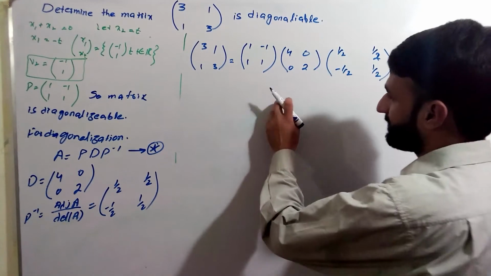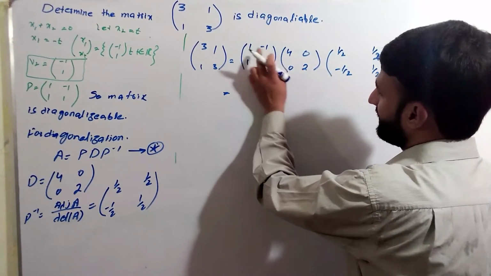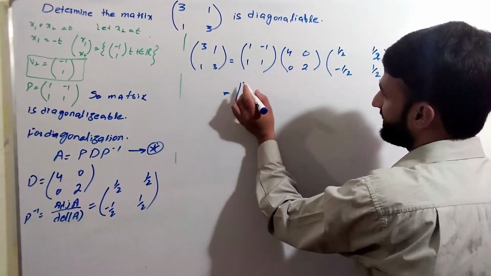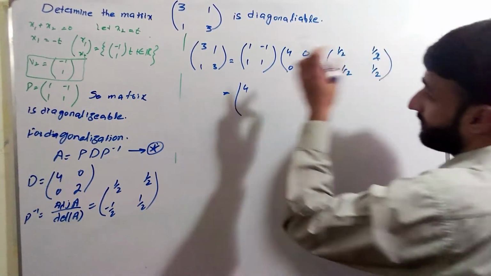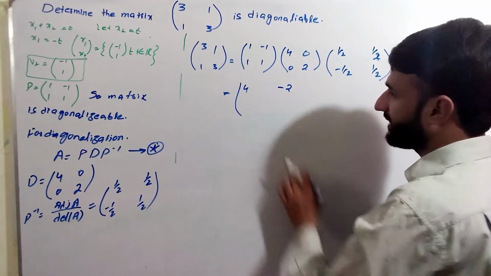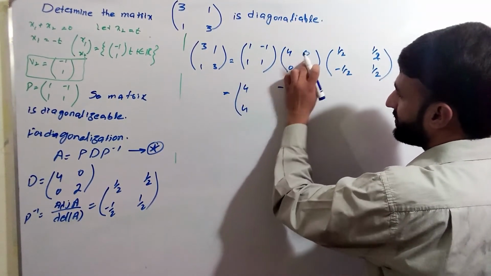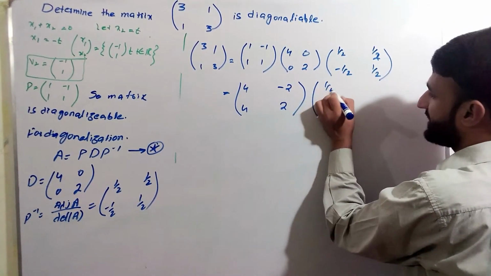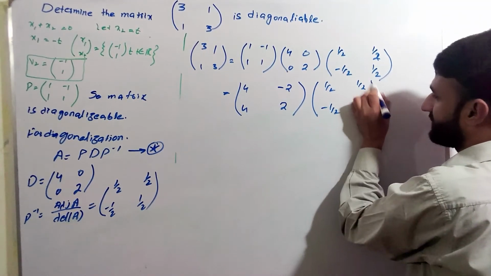If we multiply this side, here is 4, then the second term is 4. Going to the second term, 0, that is negative 2. Written the same here, that is 4, and this term is 0. Now this multiplied gives 2, right? So now we multiply 1 by 2, 1 by 2, negative 1 by 2, it is 2, right?